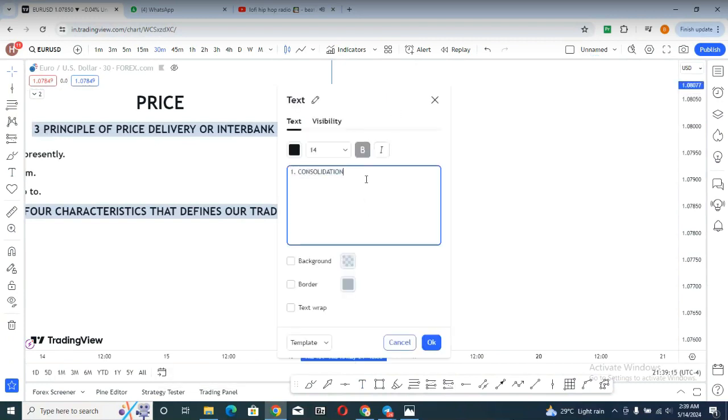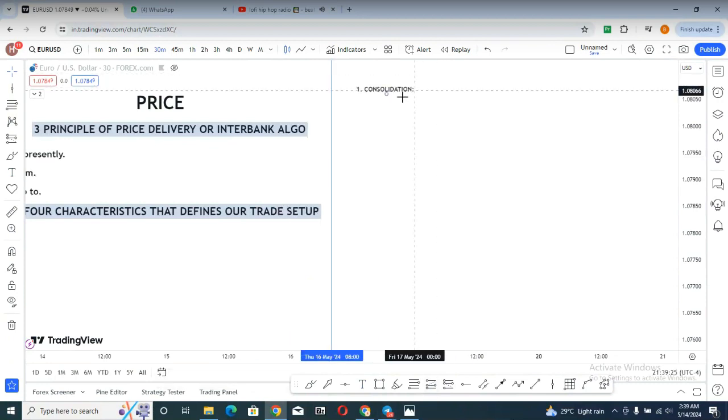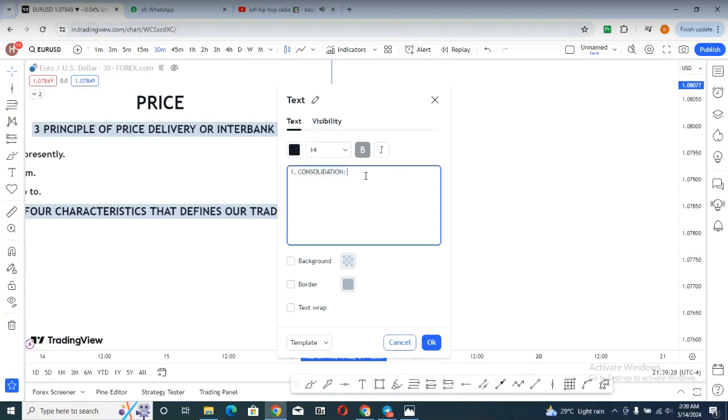Like I've explained, consolidation begins with everything in the market.